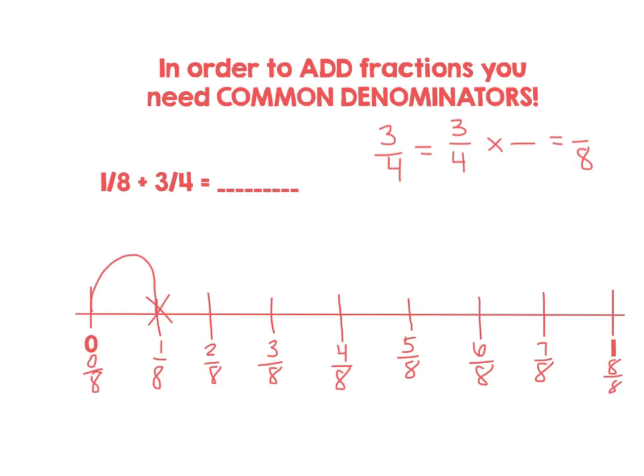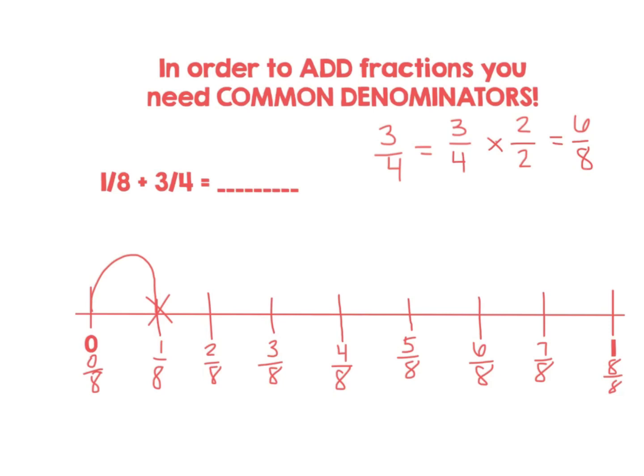So I need to think to myself first. I'm going to think, 4 times what would get me 8? 4 times 2. So I can say, whatever I'm doing to the bottom when I'm trying to find an equivalent fraction, I must do to the top. And so I'm going to say 3 times 2 is 6, and 4 times 2 is 8.